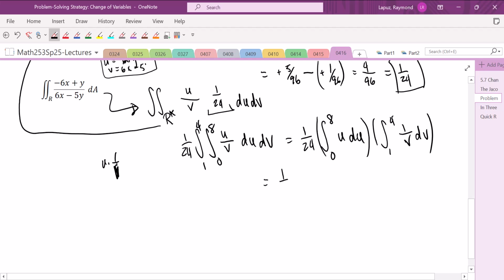So we have 1 over 24, 1/2 u squared from 0 to 8, and then we have ln of v from 1 to 4.